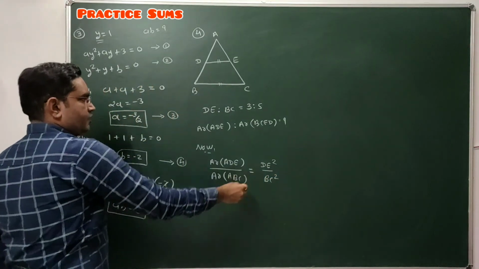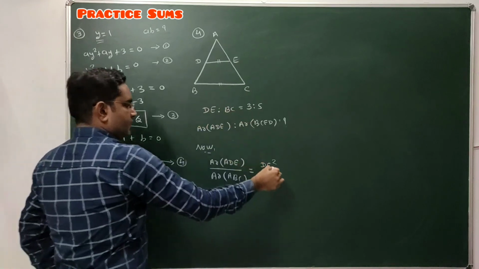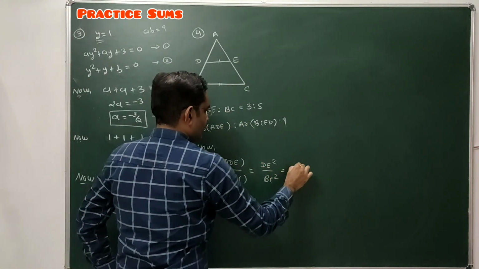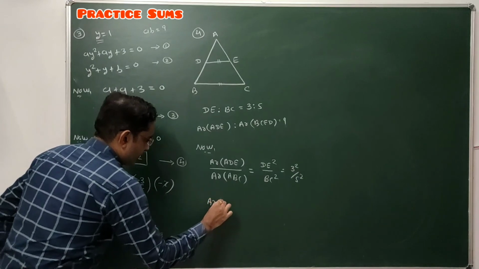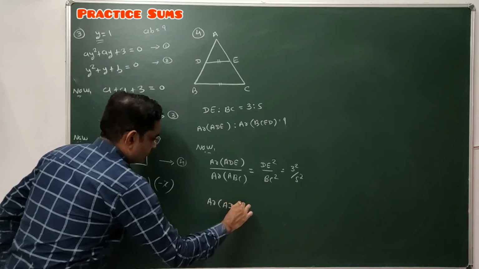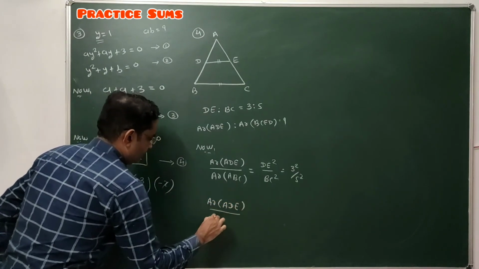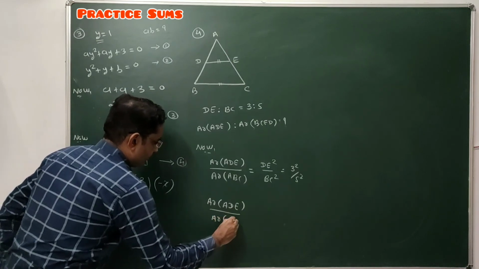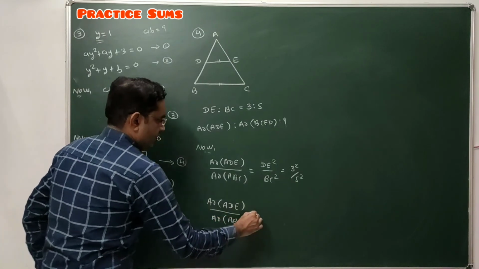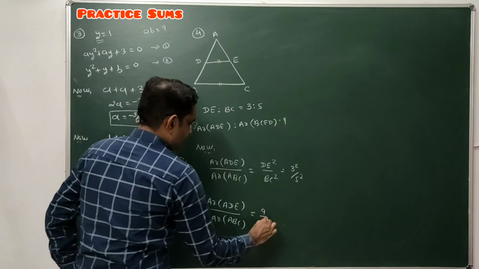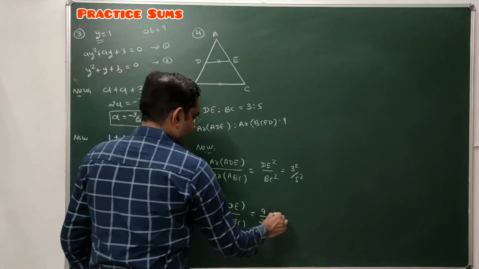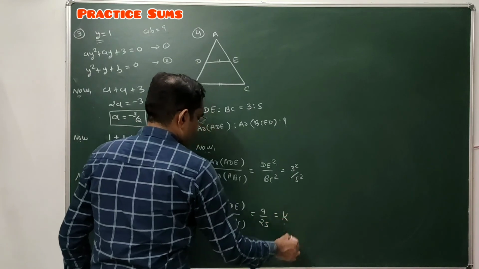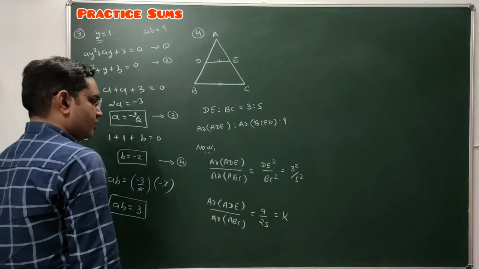So what is DE ratio BC? DE by BC is 3/5. So it's a 3 square by 5 square. So ratio of the area of triangle ADE and area of the triangle ABC is 9/25. Let's assume this ratio is equal to K.